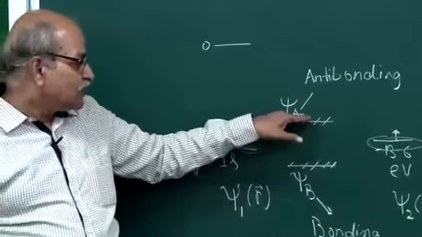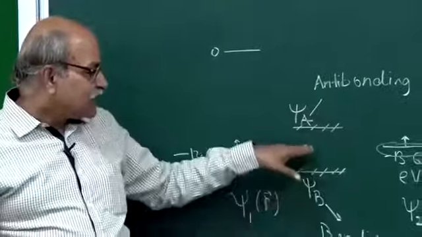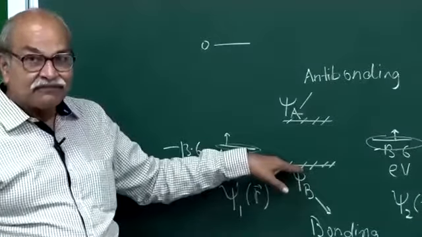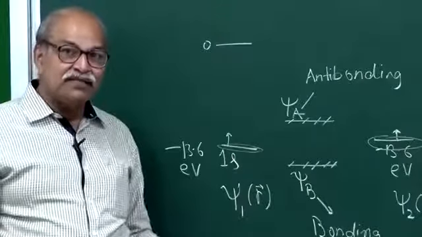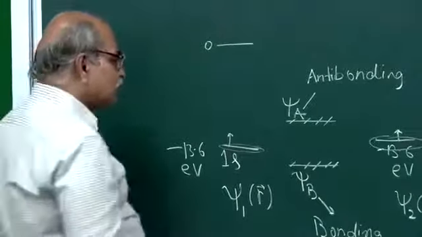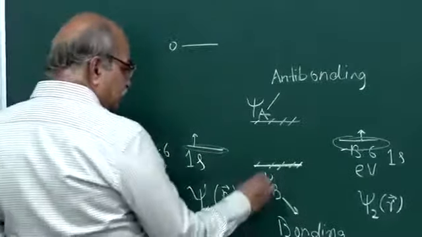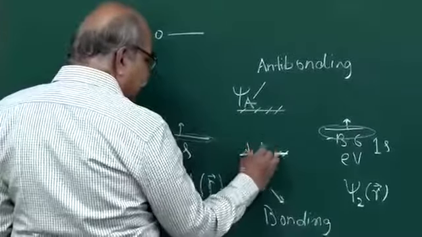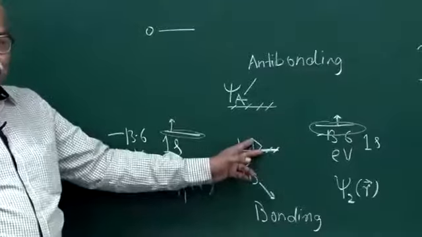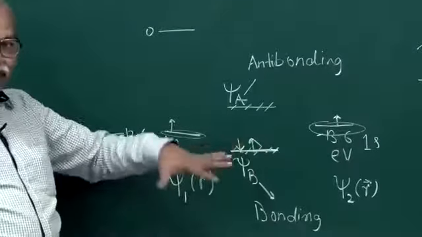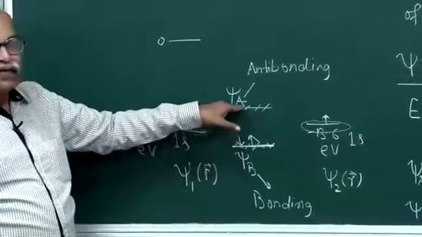One is this anti-bonding, where the energy has gone up, and one this bonding, where the energy has gone down. Therefore in the ground state, to minimize the energy, both electrons will be in this state, one spin down, one spin up, plus half and minus half, so that the Pauli exclusion principle is respected, and these two are empty.